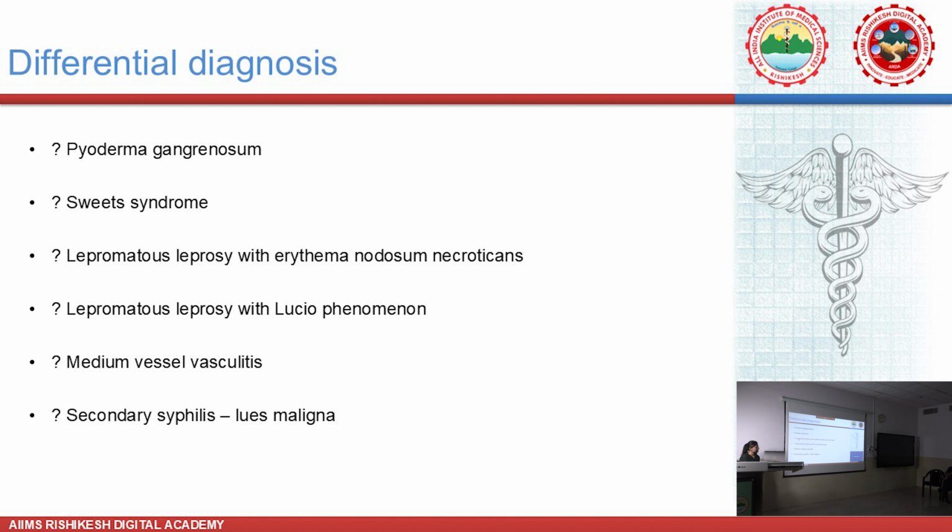Sir, syphilis is seen commonly, but the lues maligna variant is a rare variant. What is this? Sir, it is a malignant variant, not neoplastic, but a severe variant that presents with sudden onset of multiple tender nodules and papules leading to ulcerations, and it is a type of secondary syphilis.